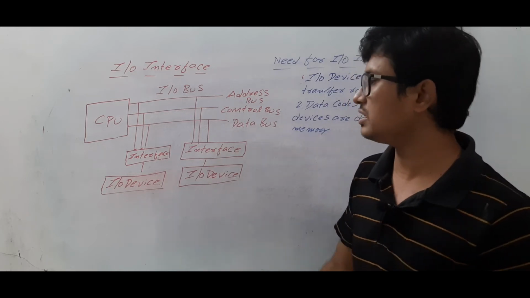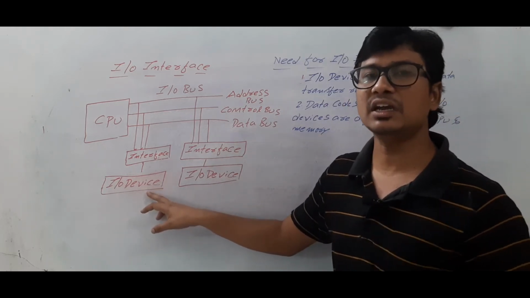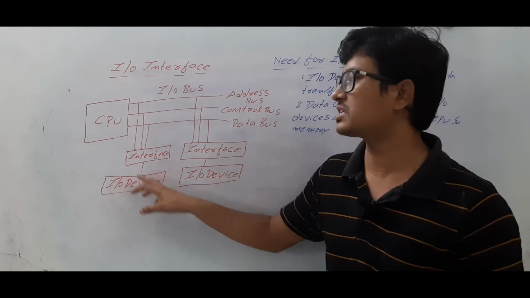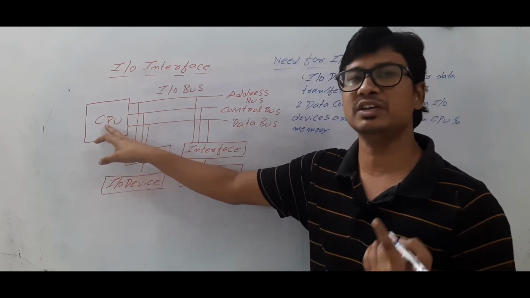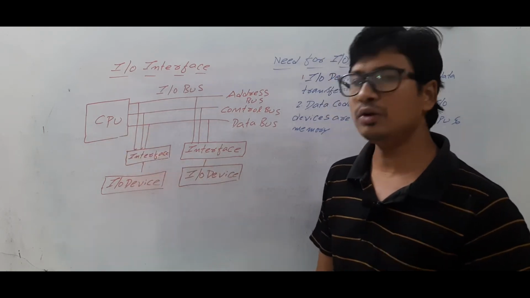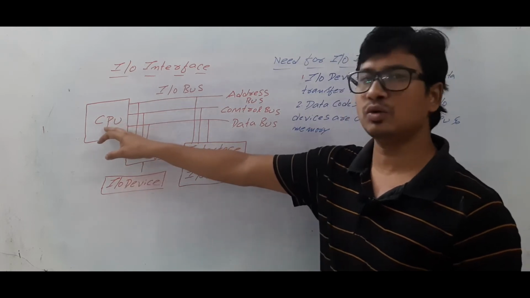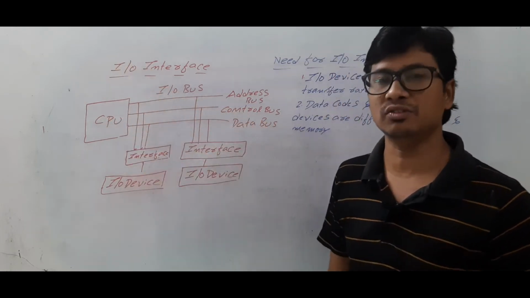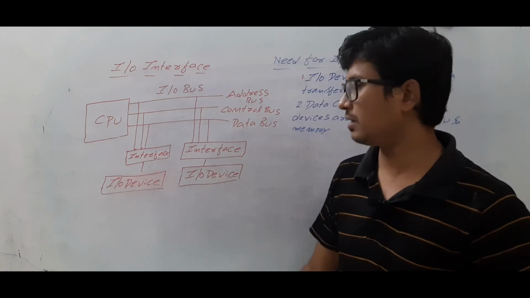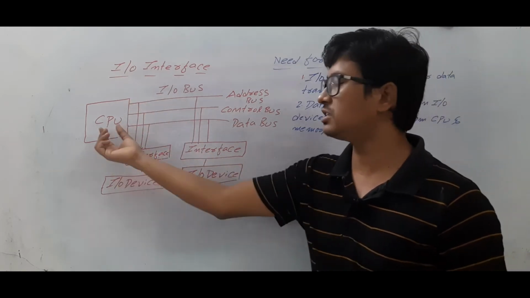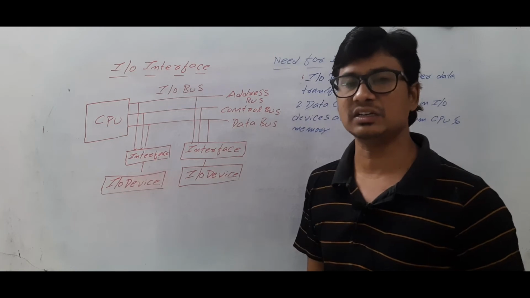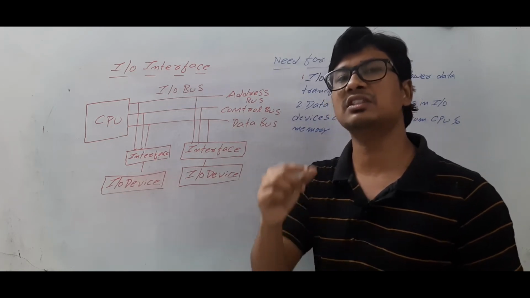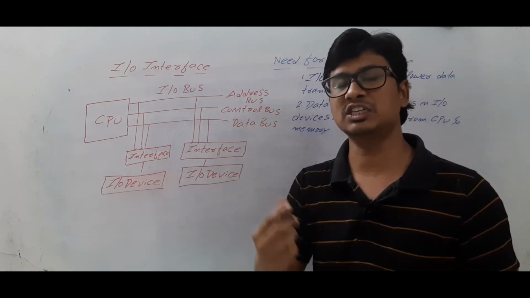The second reason is that the I/O devices' data transfer rate is very slow compared to the processing speed of a CPU. And the third is that the data codes and formats are different between the CPU and the I/O devices. Is it clear? Suppose I have a 64-bit architecture CPU and a memory with a 32-bit or 64-bit word.